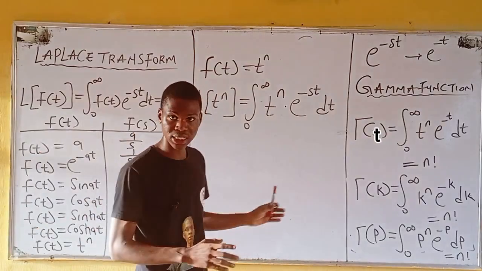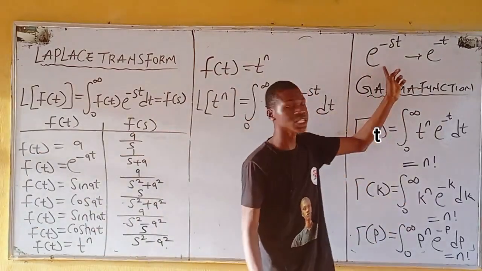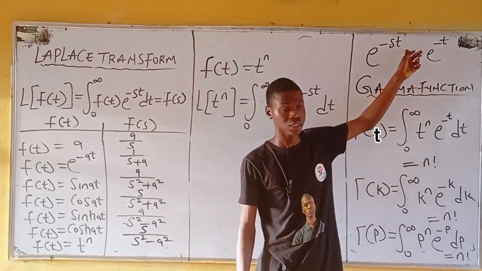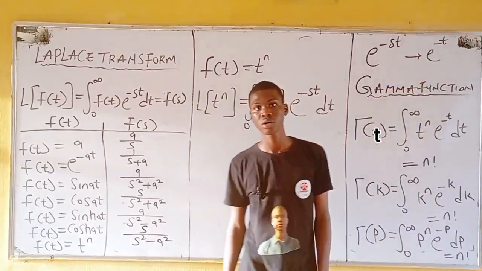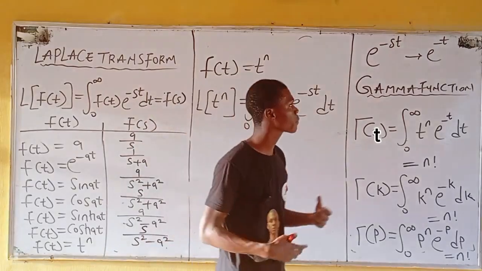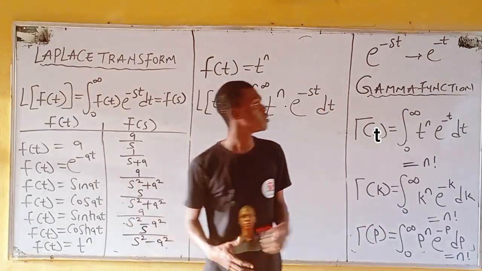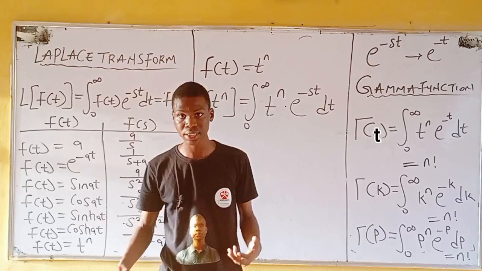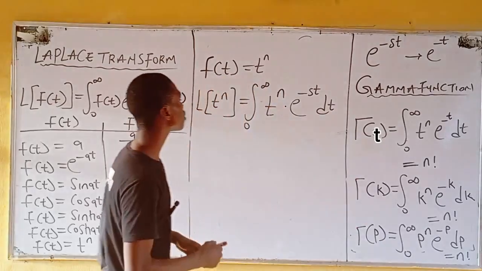What we've been doing here is writing exponential raised to the power of negative st as exponential of a negative single variable. Irrespective of the variable, we are still having n factorial, right? Now, this will take us back to differentiation.